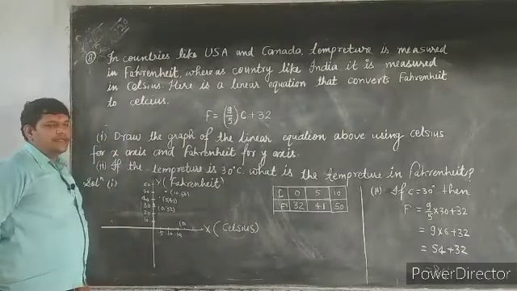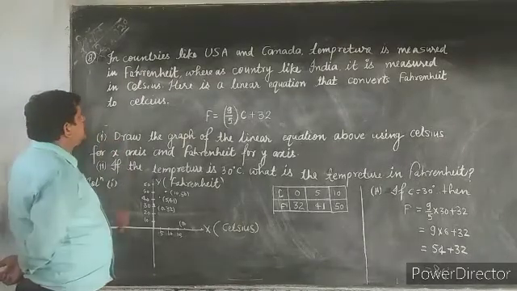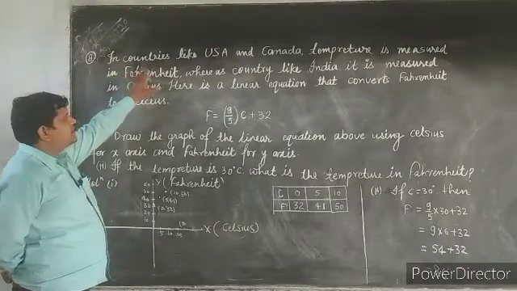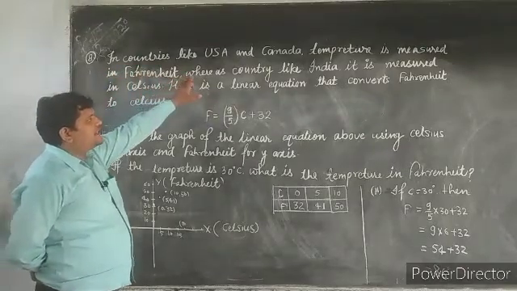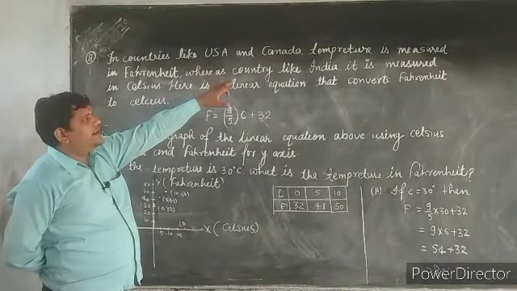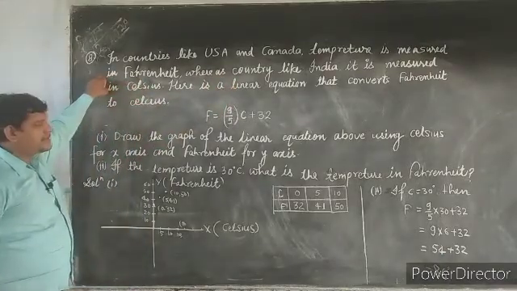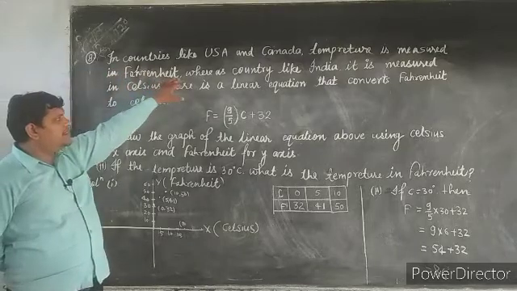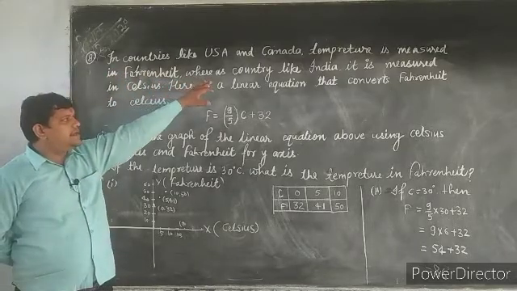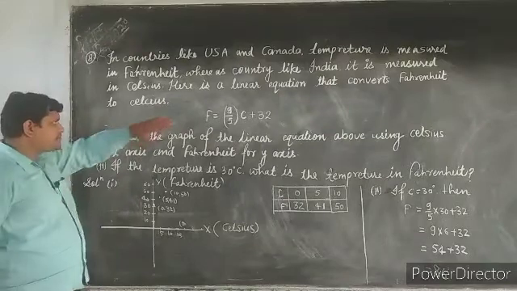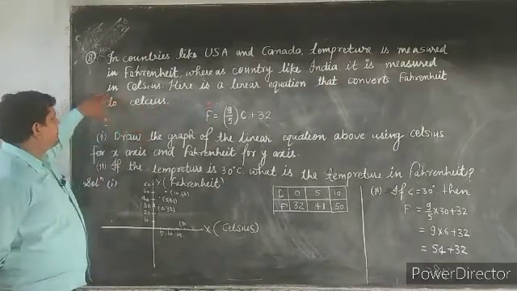Today we will study question number 8, exercise 4.3. In countries like USA and Canada, temperature is measured in Fahrenheit, whereas in a country like India, it is measured in Celsius.